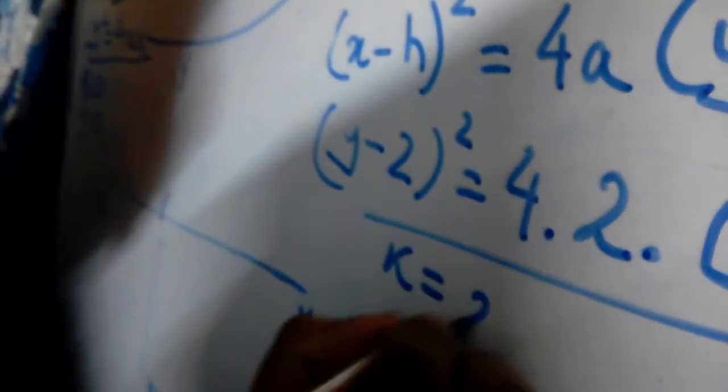Okay? Now, if I put the equation like this, y minus 2 whole square is equal to 4 into 2 into x minus 1, what will happen now? The graph will change a little bit. Comparing this equation with the standard one, we get k is equal to 2 and h is equal to 1.